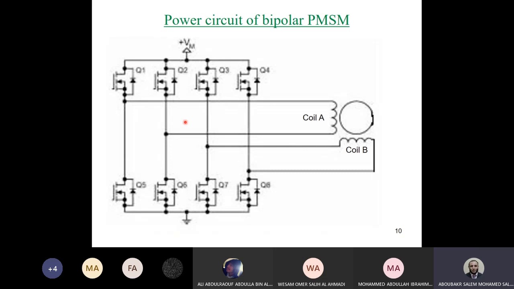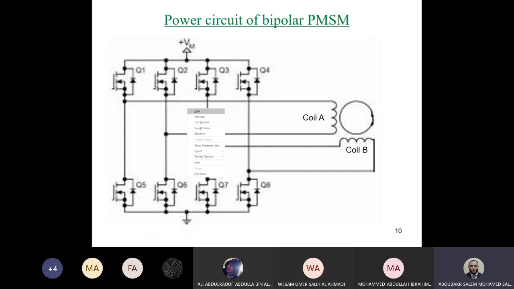So this is one of the drawbacks of the bipolar stepper motor circuits. For now, we have described the different motors and the power circuit for each type.